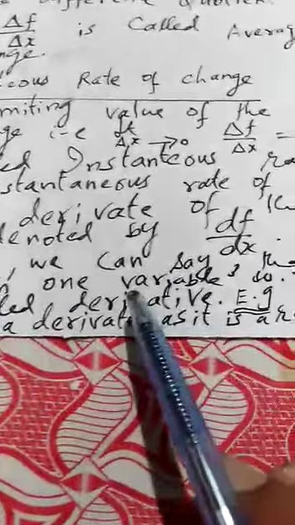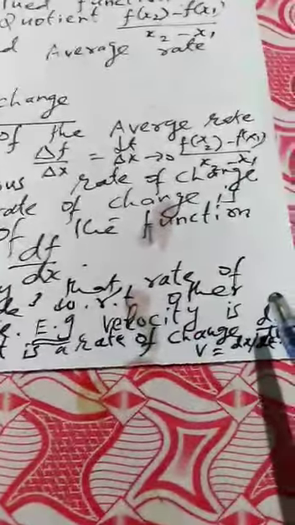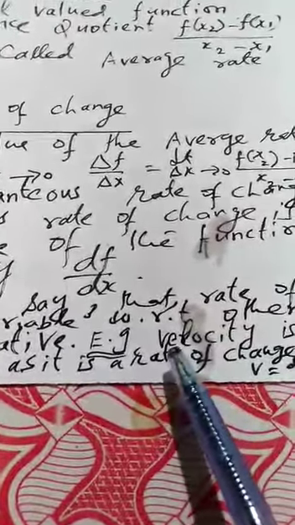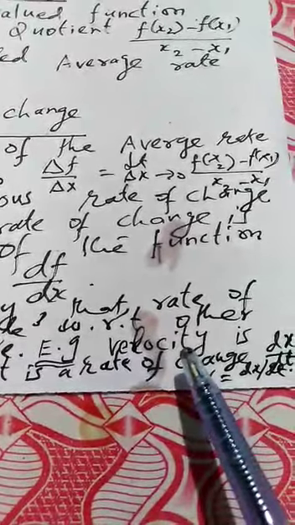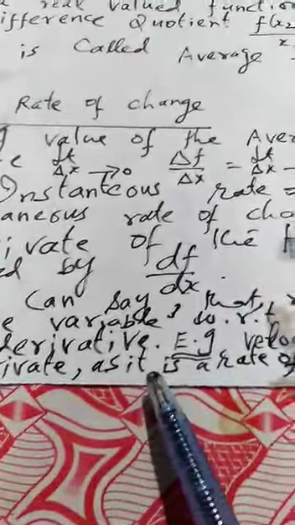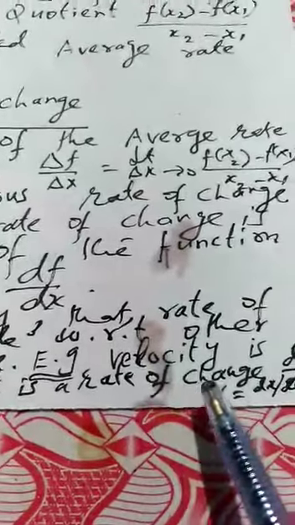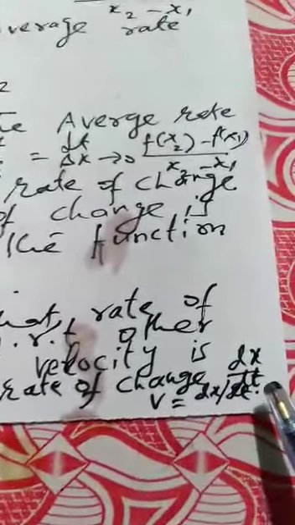So in short, we can say that rate of change in one variable with respect to other variable is called derivative. For example, velocity derivative. Velocity is also a derivative as it is the rate of change of displacement x with respect to time.